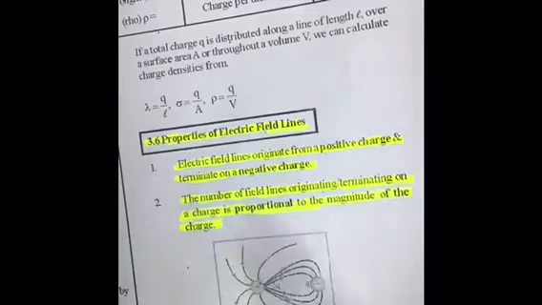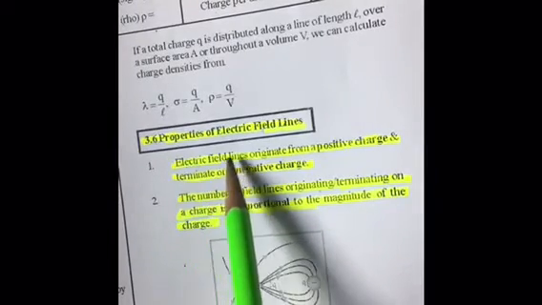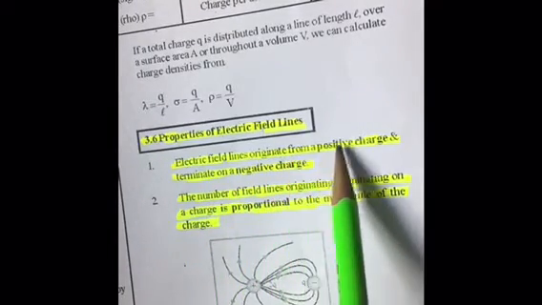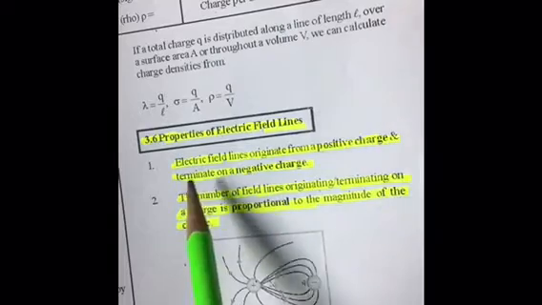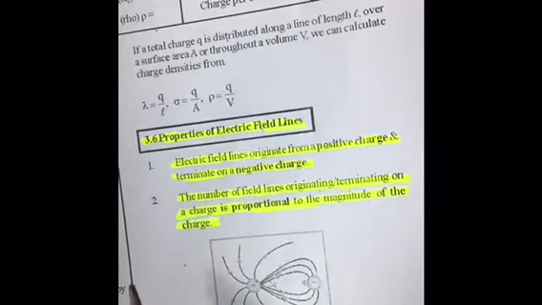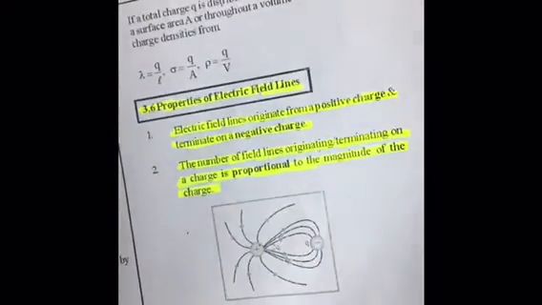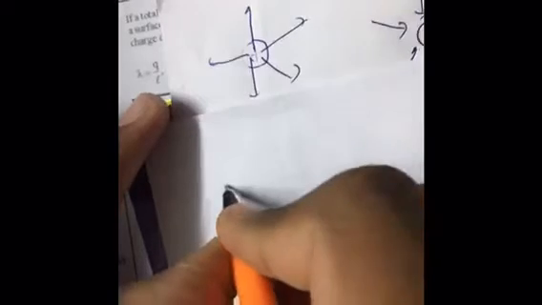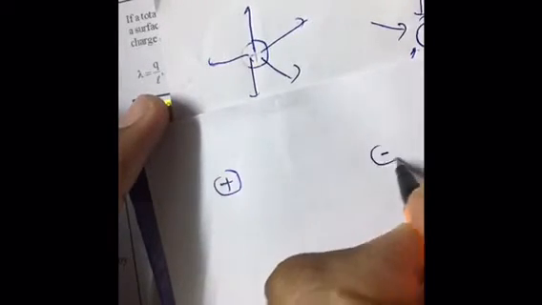So the first property is that electric field lines originate from positive charge and terminate on negative charge. What does it mean? Let us suppose we have a positive charge and a negative charge.